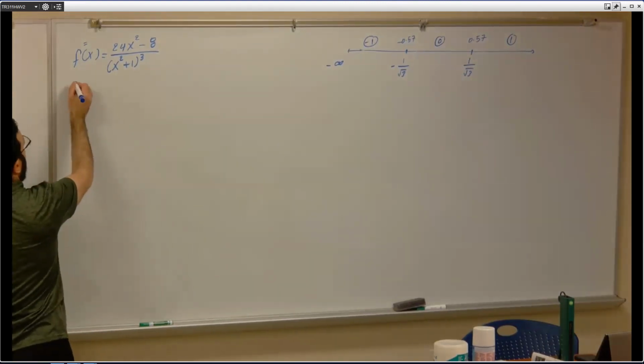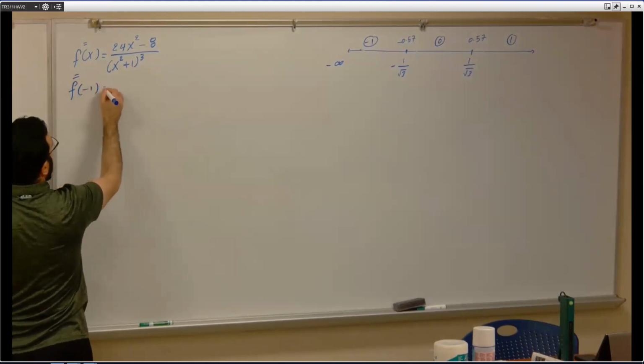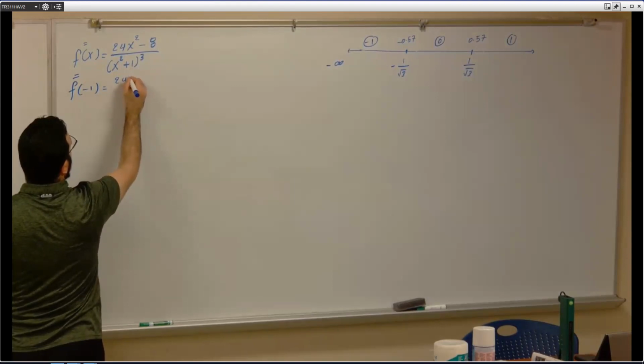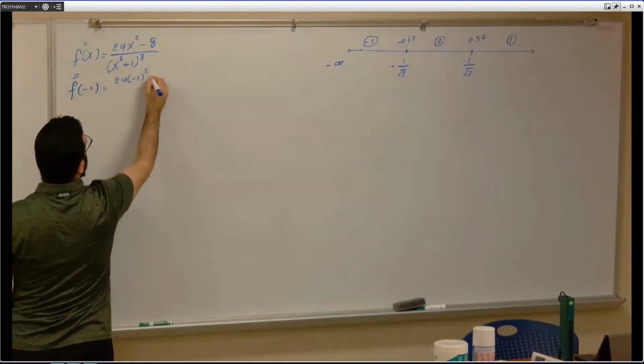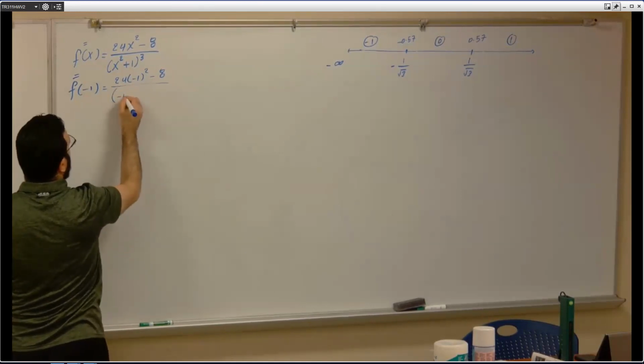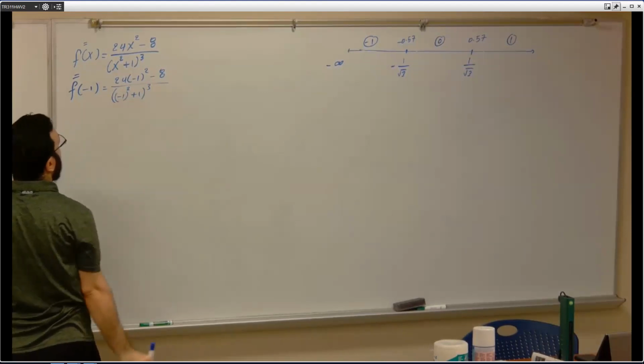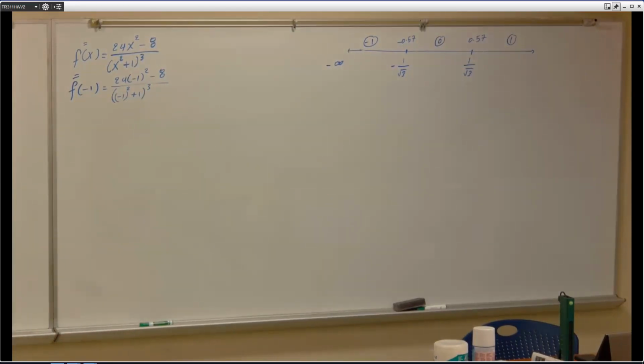So now, f double prime of -1 is going to be 24 times -1 squared minus 8 over -1 squared plus 1 cubed. Be careful when you plug it in. So how much is this one?